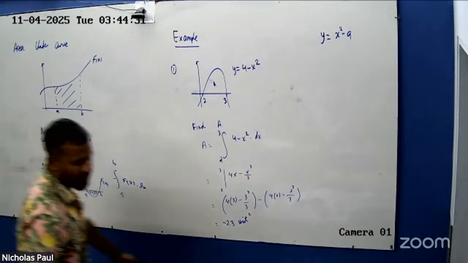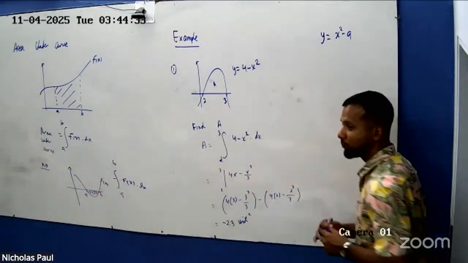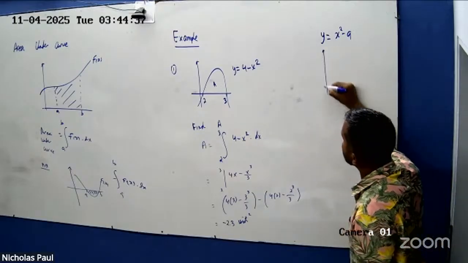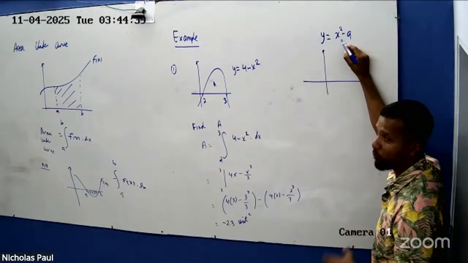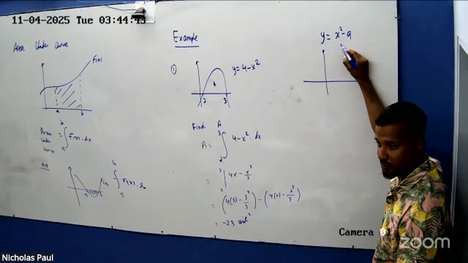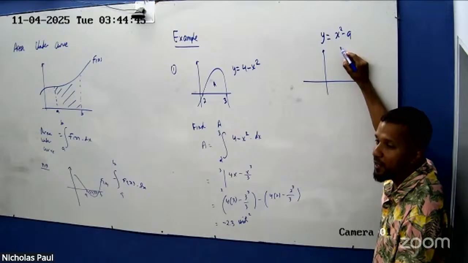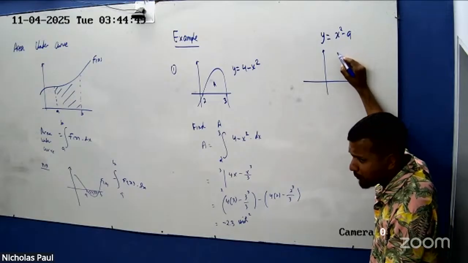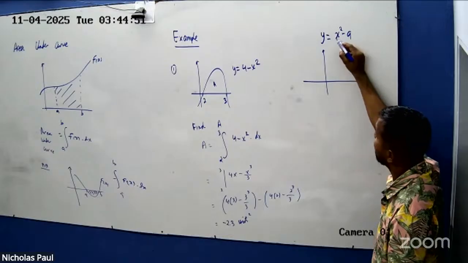Somebody said 3 and 0. So here's what we're going to try and do. What kind of quadratic is this? Max or min? The minimum, the value in front here is 1.